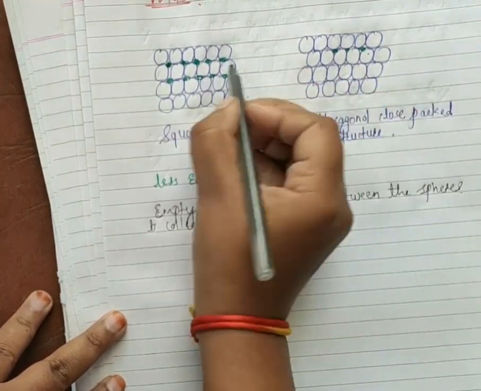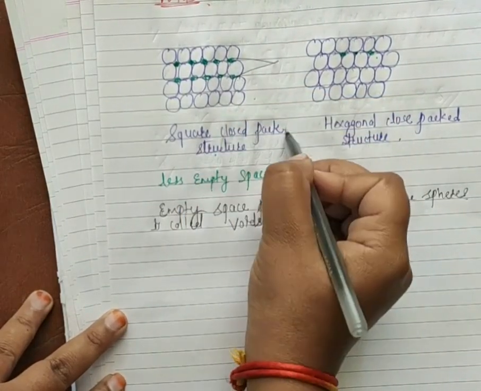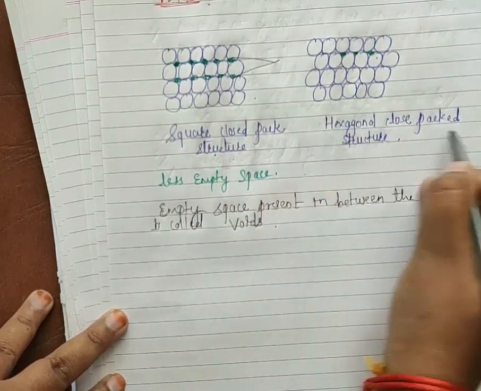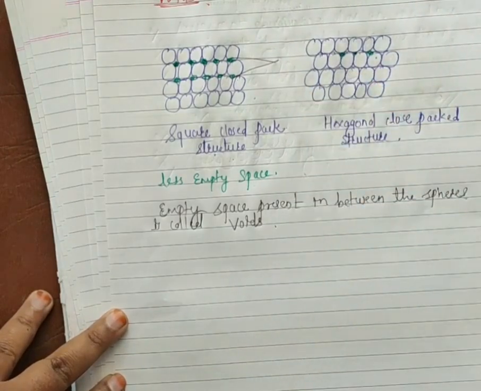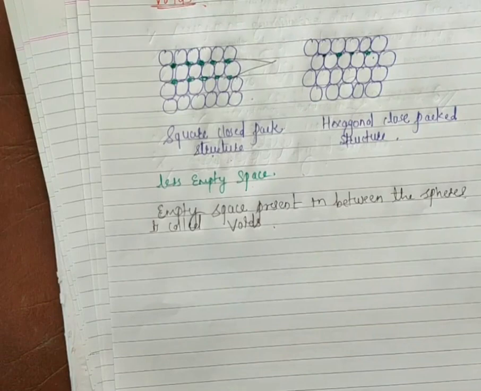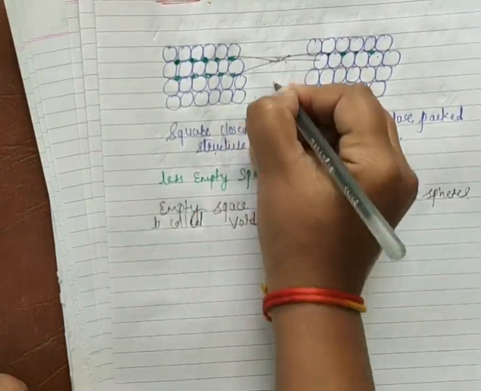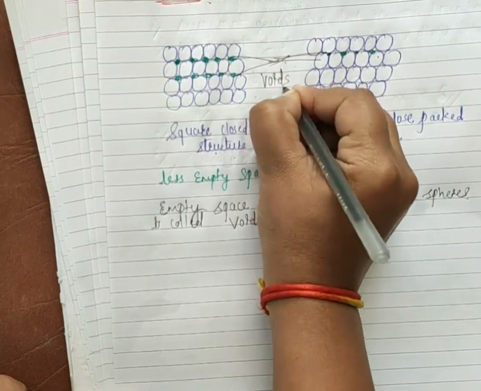So whatever empty space is present in between the spheres in the square closed packed structure and also in the hexagonal closed packed structure, these empty spaces are nothing but voids.